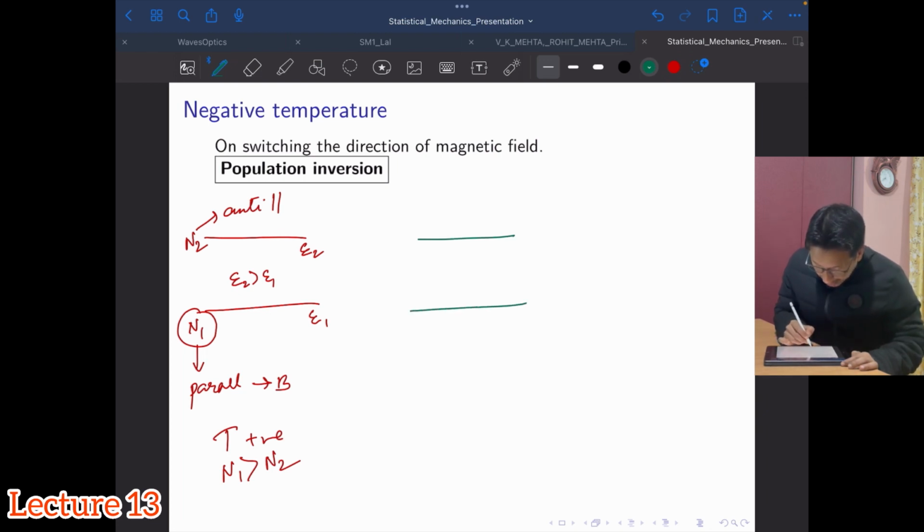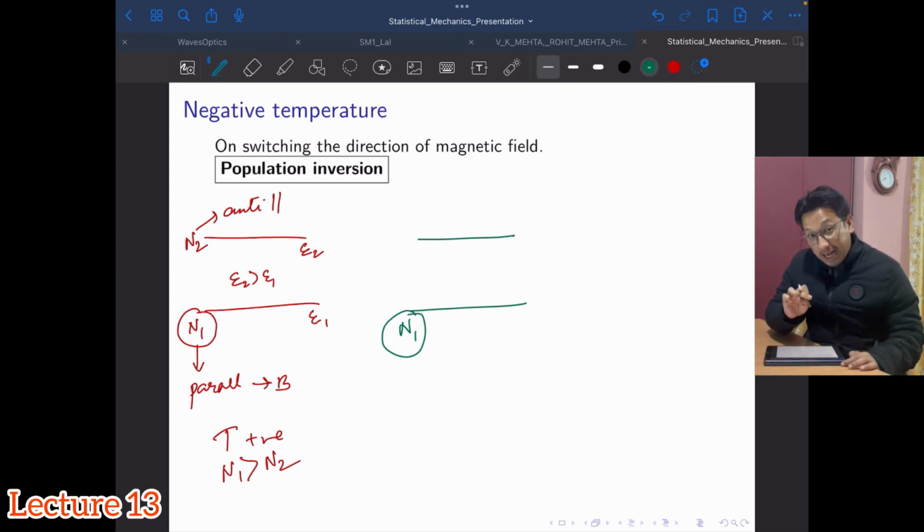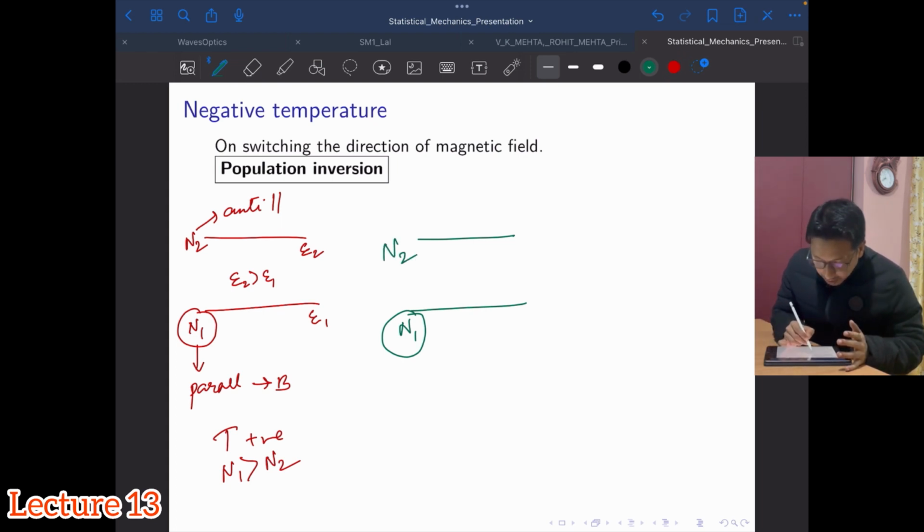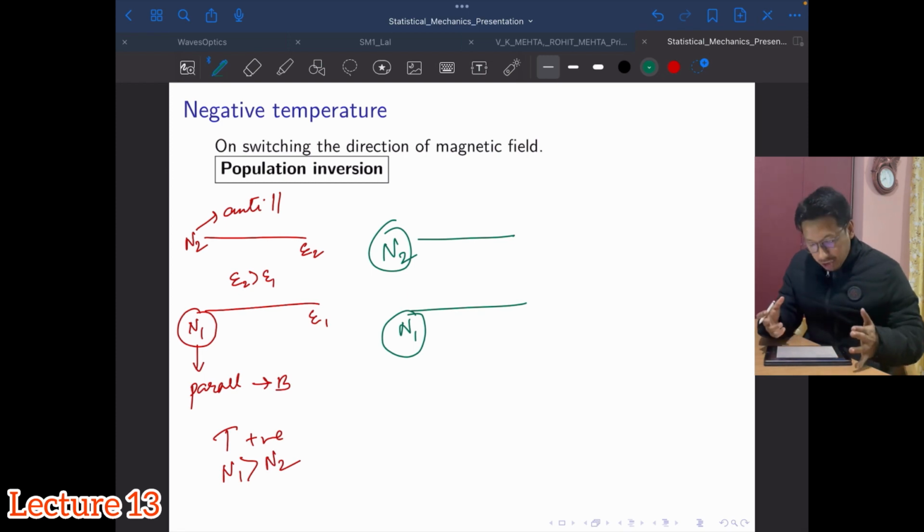So the N1 molecules, the atoms which were initially parallel, will now become anti-parallel to the magnetic field because I have switched the magnetic field. Now it will suddenly feel that its energy state is higher. And the N2 molecules which were initially anti-parallel will now become parallel, having low energy states, isn't it?